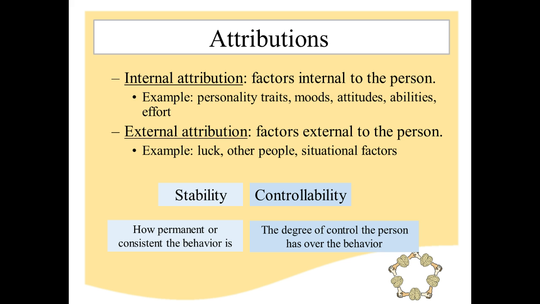So following these initial ideas, social psychologists started to expand and develop formal theories of attribution. And we're going to look at two of those theories. The first is the Correspondent Inference theory, and the second is the Covariation principle.